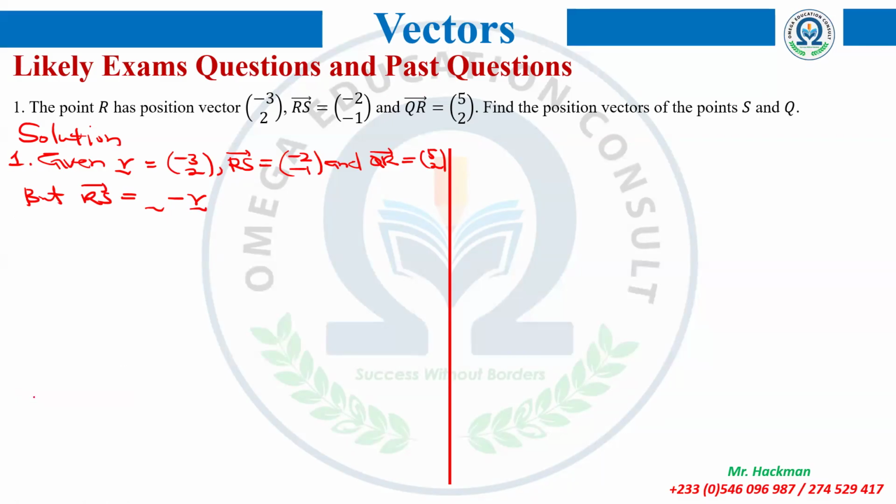So your S minus R. This implies that RS, you are told, is -2, -1. Then this should be equal to S, which you don't know, that's what you are looking for, minus R, and you know your R. Your R is -3, 2. All correct.